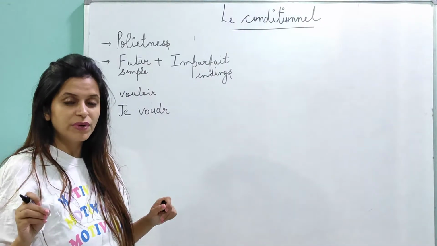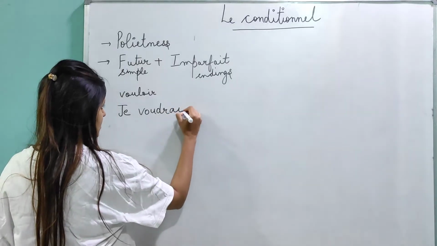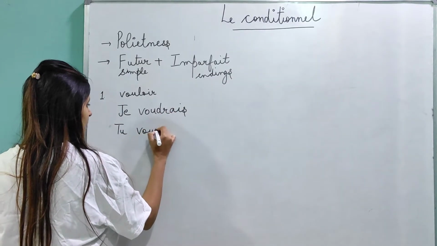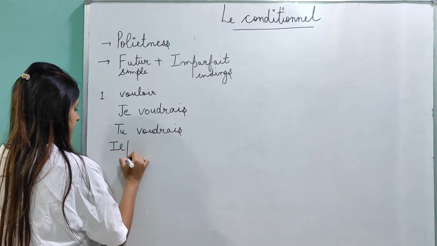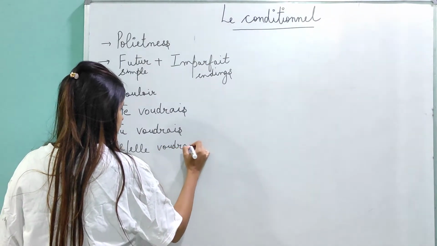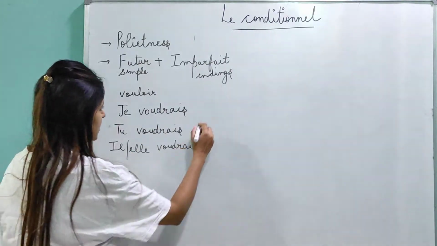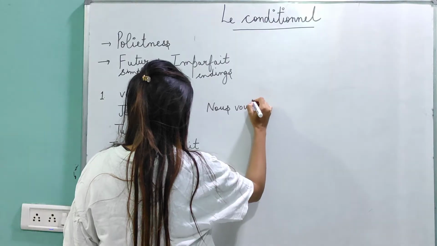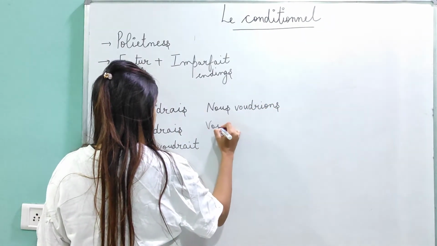Imperfect endings with je will be AIS. Je voudrais. Avec tu, je voudrais, c'est le même, it is same. Il, elle, voudrait, with te, so S, T. Avec nous, voudrions, IONS.